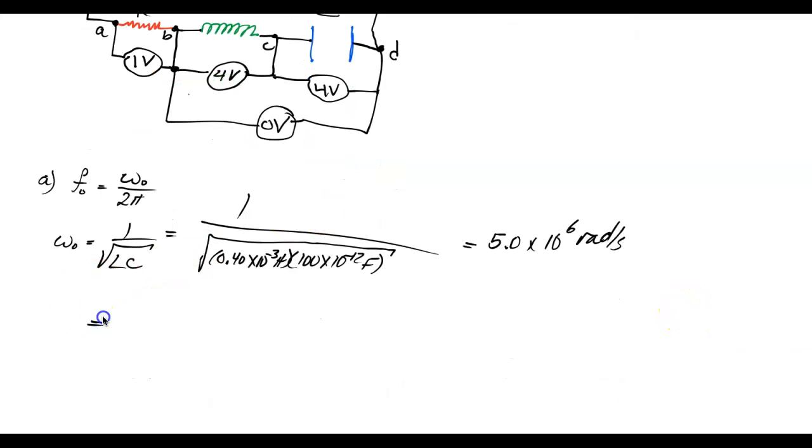which means that f naught equals 5.0 times 10 to the 6th radians per second divided by 2 pi radians, which is 8.0 times 10 to the 5th hertz.